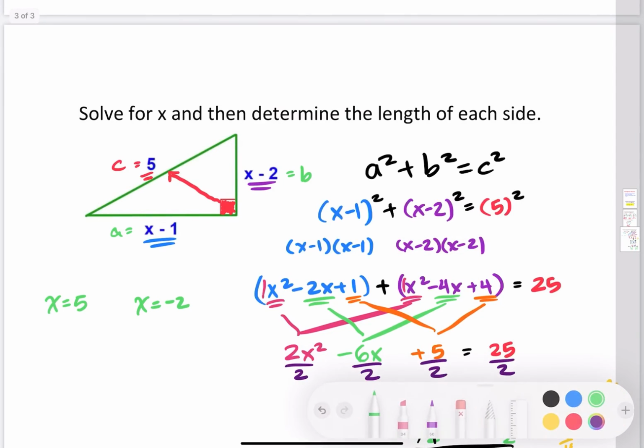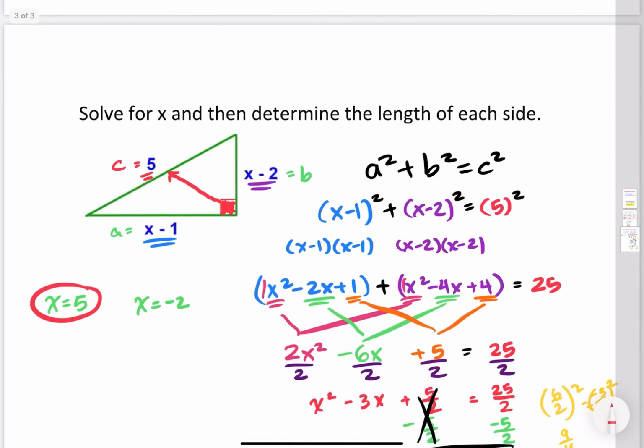If I plug in that 5, our a value is going to be 5 minus 1, which is 4, and our b value is going to be x minus 2, so 5 minus 2, which is 3. But if I plug in negative 2, our a value will be negative 3, because negative 2 minus 1 is negative 3. And for the b value, negative 2 minus 2 is negative 4.